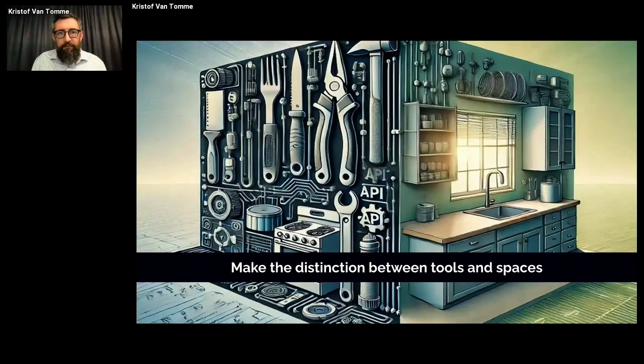So I want to make the distinction in this presentation between tools and spaces. What I see here on the left are a bunch of different types of tools. There are things that you can take with you and then do things with. And then spaces are places that you can go into and then do things with those spaces.